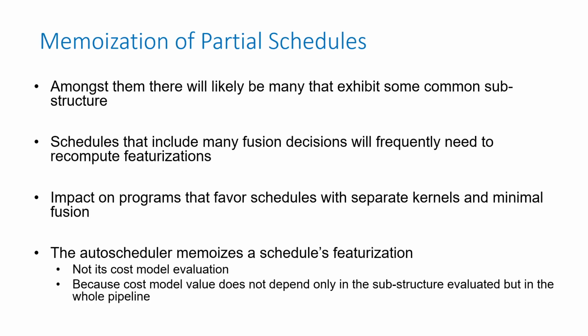They sacrifice some memory for the sake of compilation runtime, and this is not done for the actual runtime. They don't store the runtime, because the performance is going to depend on the whole pipeline, so that changes depending on the pipeline. But the featurization for a particular segment of the schedule can be memoized.